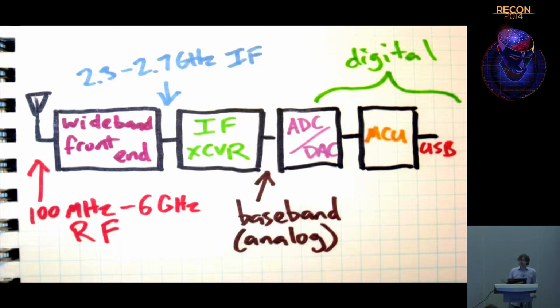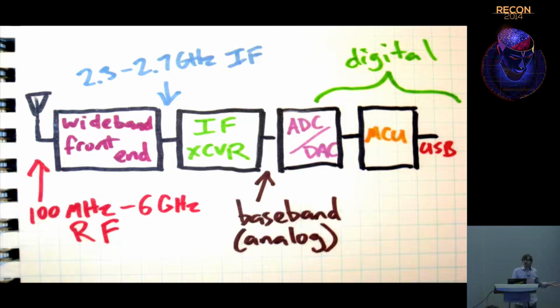Then there's the next block, which is an IF transceiver. It shifts the frequency, again, between the IF and baseband, which is the vicinity of 0 hertz. Those are the three frequencies you need to know about. There's baseband, around 0 hertz. There's the IF, around 2.5 gigahertz.